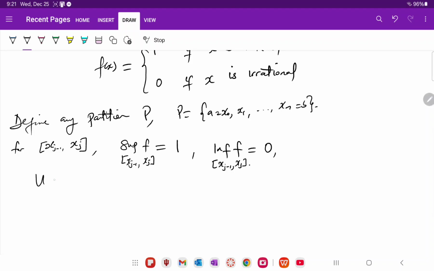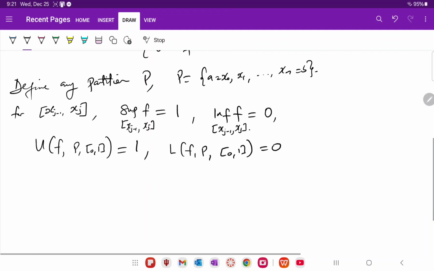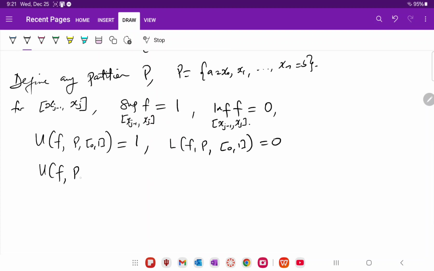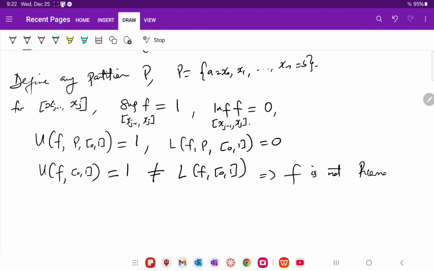So that means that the upper Riemann sum will always be 1, and the lower Riemann sum will always be 0, and the upper Riemann integral will always be 1, and this is not equal to the lower Riemann integral, which is 0. So that means that f is not Riemann integrable.